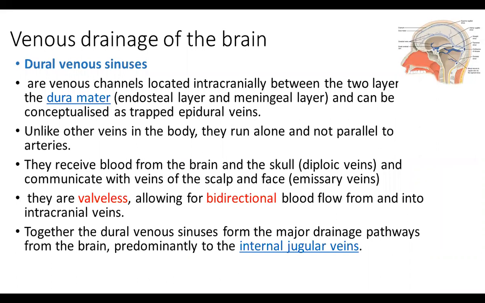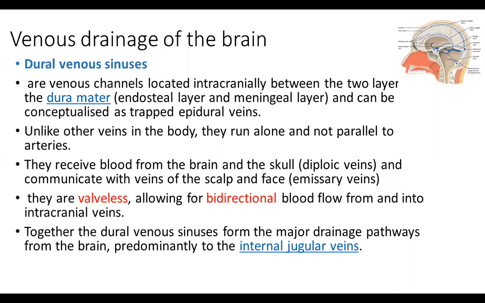Venous drainage of the brain. Dural venous sinuses are venous channels located intracranially between the two layers of the dura mater, the endosteal and the meningeal layer, and can be characterized as trapped epidural veins. Unlike other veins in the body, they run alone and not parallel to the arteries.